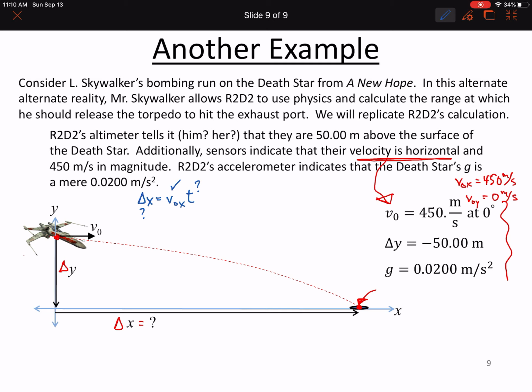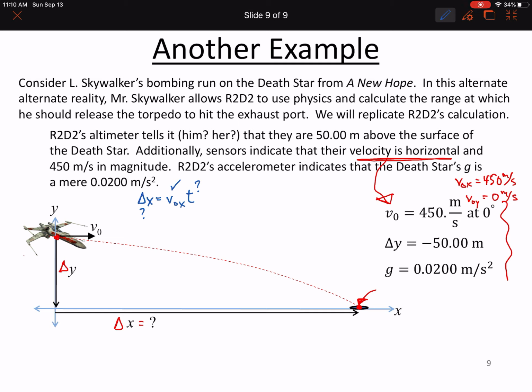There's no way to do it just using the characteristics of the bomb's horizontal motion. And so we need to appeal to its vertical motion and what we know about that to figure out how long it takes to fall through this 50 meters of displacement from where it's released to where it enters the exhaust port, then to blow up the Death Star.